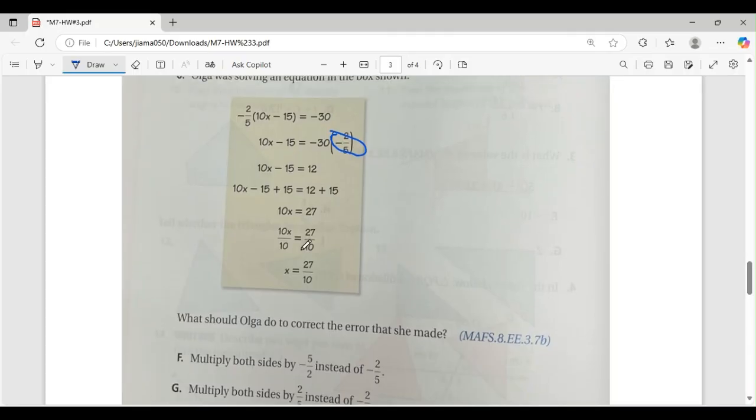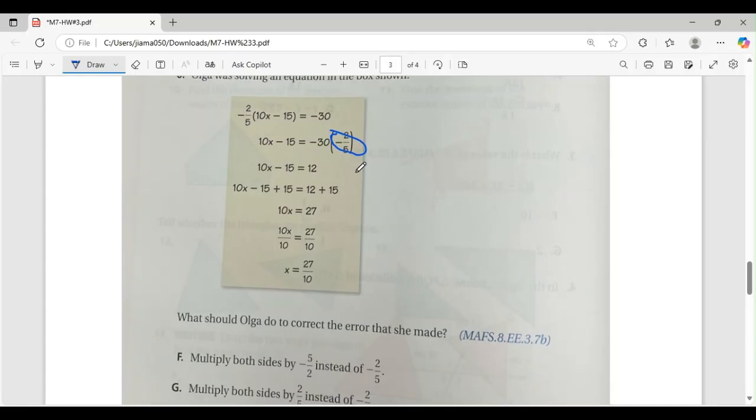Because the left side is -2 divided by 5, if we multiply by -5 divided by 2, the left side will be 1. Okay, so this part will be 1.